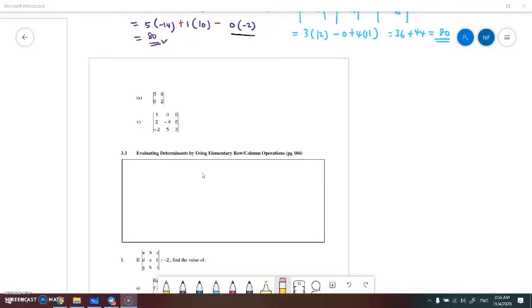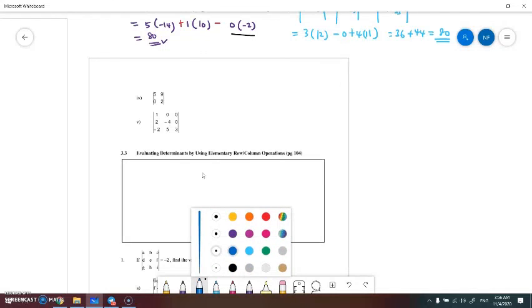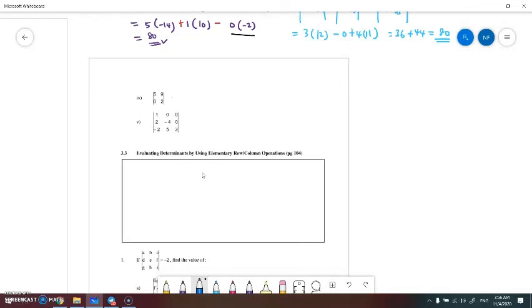You can still use the same technique, which is the cofactor expansion. You multiply the element and then multiply with the cofactor. But if you look carefully, this is actually a triangular matrix, lower and upper triangular matrix.